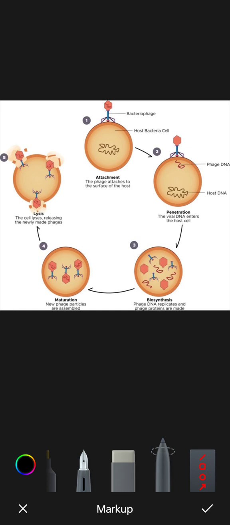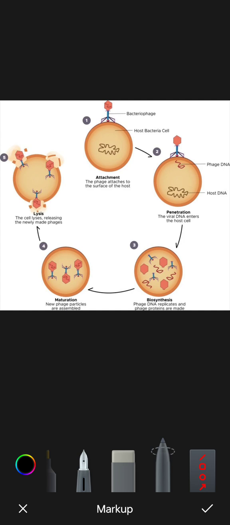So in this video we are discussing the Lytic cycle of bacteriophage, T-even phage. We know that there are two types of bacteriophage: T phages and lambda phages. T phages are further categorized into T-even phages and T-odd phages. In T-even we have T2, T4, and T6, whereas in T-odd we have T1, T3, and T7.